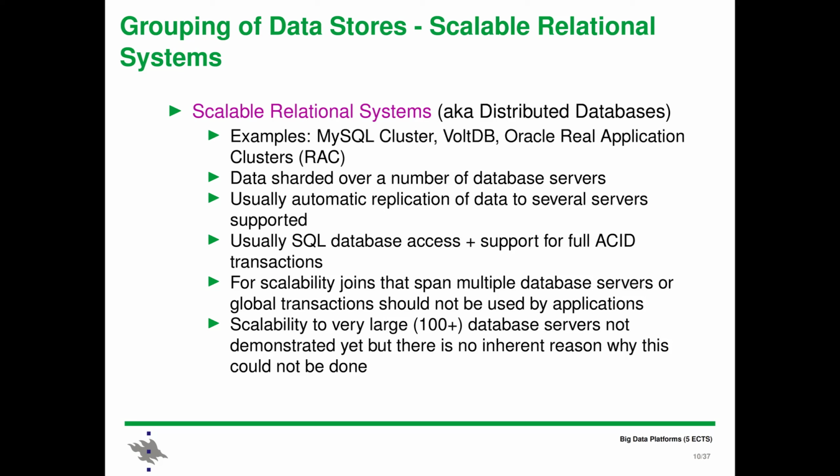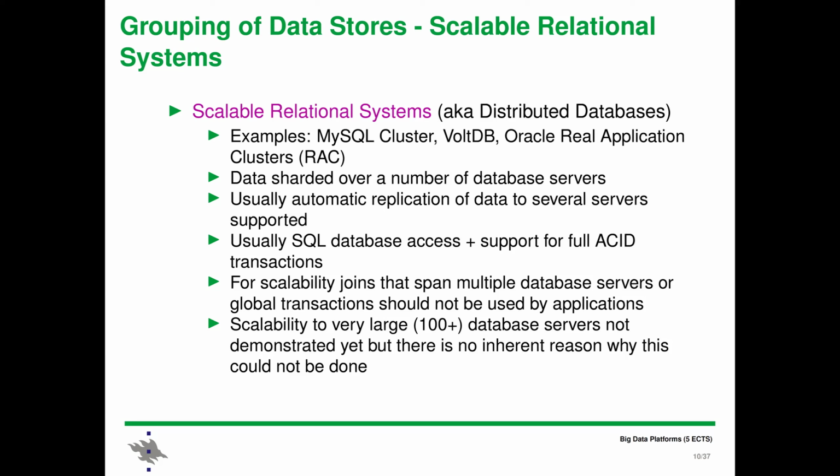Then there's VoltDB, and then there's things like Oracle Real Application Cluster, or Oracle RAC, which is a database system you can buy from Oracle. Oracle will provide both a cluster of servers and the software to be run on it.